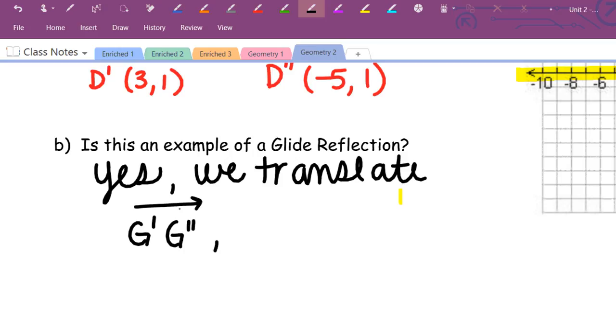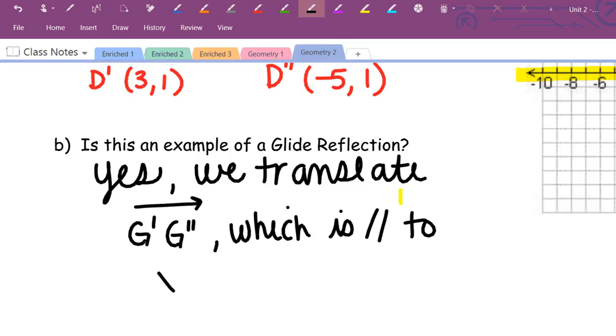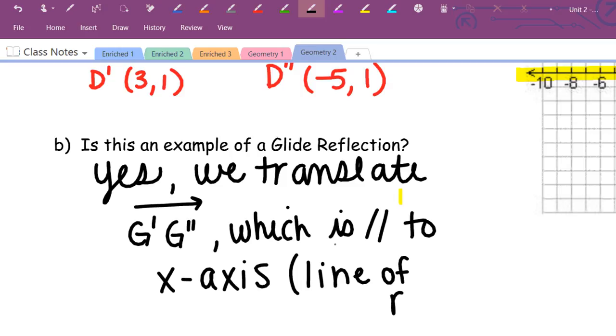And that is parallel to the x-axis that we did our reflection line in first. So you're going to compare your line of reflection and see if that's parallel to the type of translation or slide that you do after the reflection.